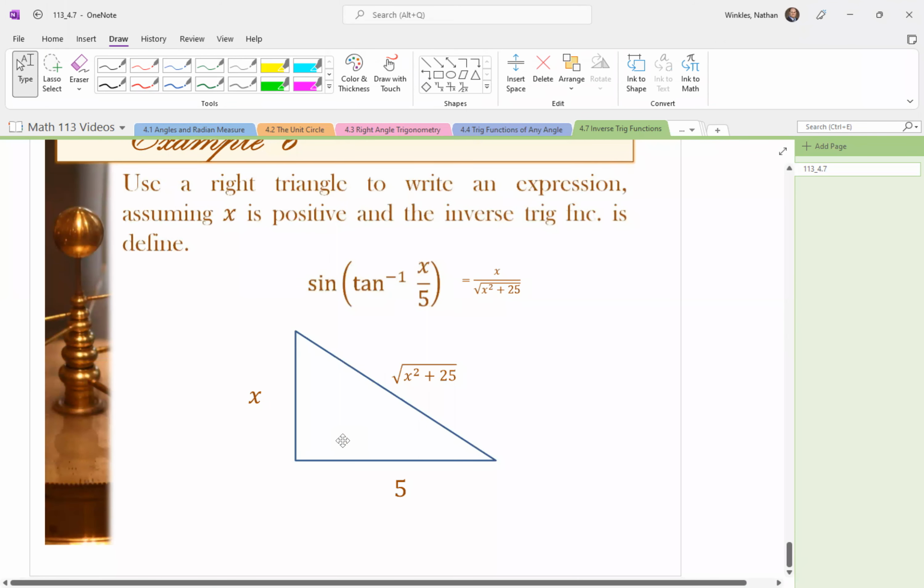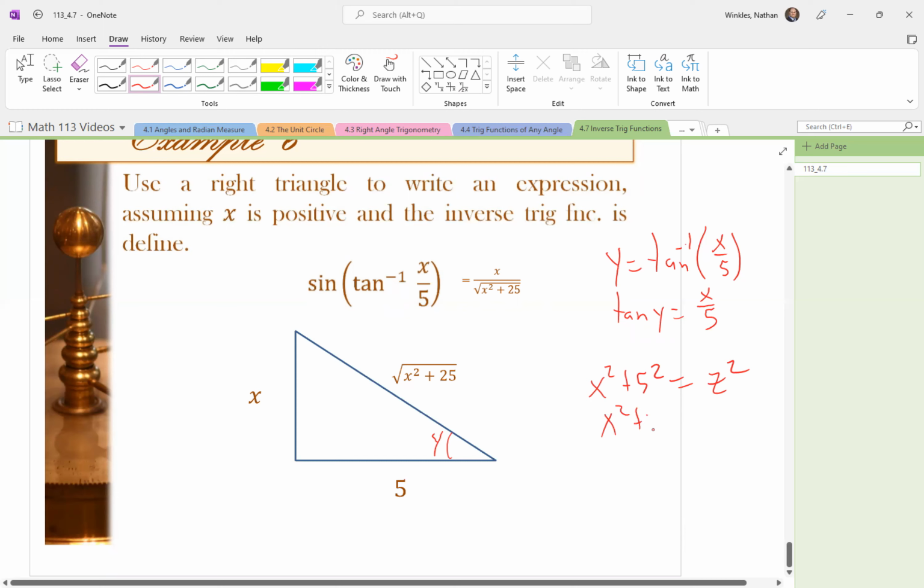So same exact theory here. If we let y equal tangent inverse of x over 5, tangent of y is equal to x over 5. So we have our x over 5, and then we have x squared plus 5 squared equals z squared.